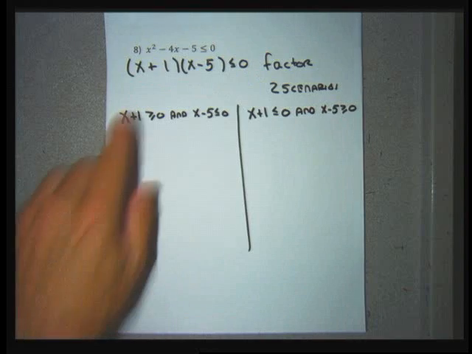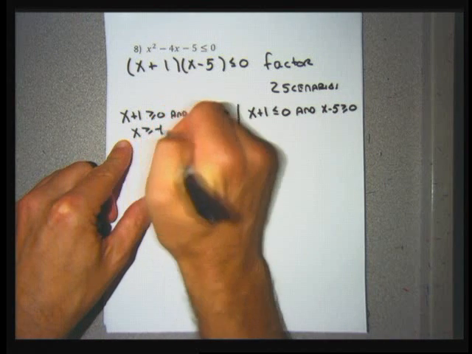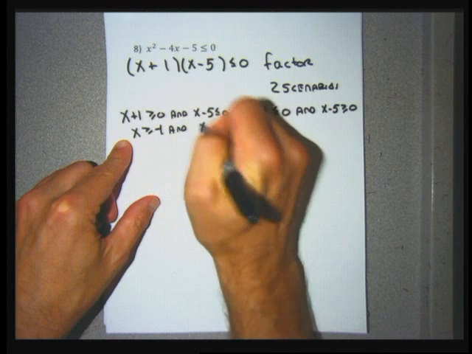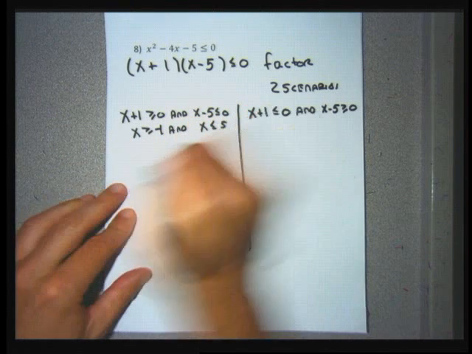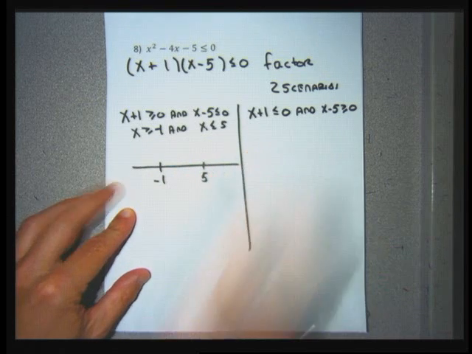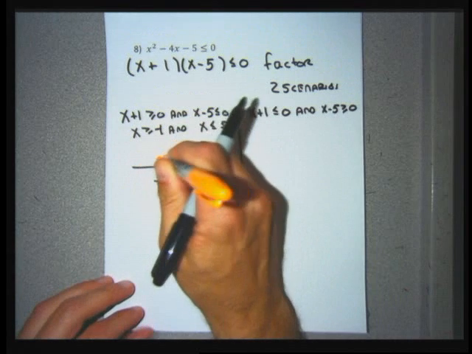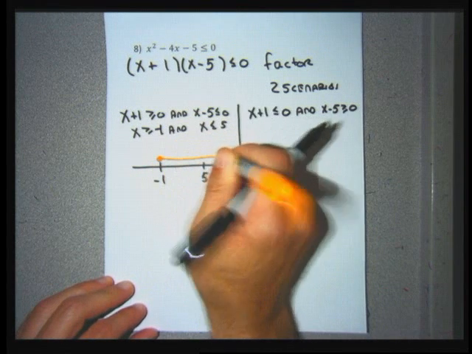Solve these out now. This first scenario, you get x is greater than or equal to negative 1, and x is less than or equal to 5. Let me graph those out. I'll find negative 1, positive 5 on my number lines. The x greater than or equal to negative 1, I get a solid circle on the negative 1, go off to the right.